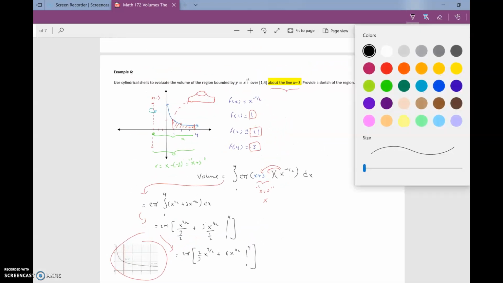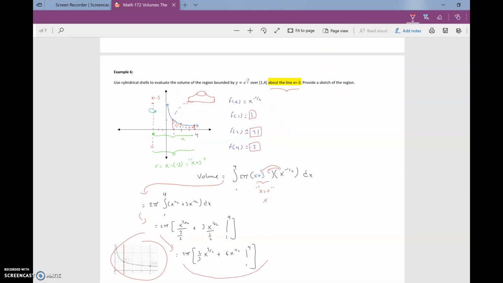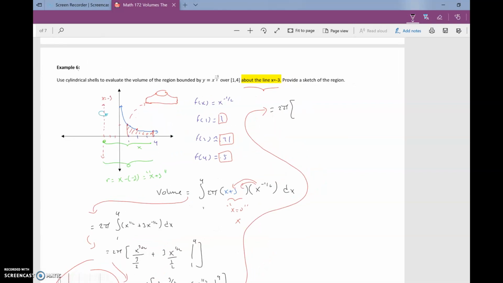I think I'm going to run out of space, so let me move the problem up here. I should have left another page, but I didn't, unfortunately. My apologies. So this is equal to 2 pi times, and we're going to be evaluating 4.